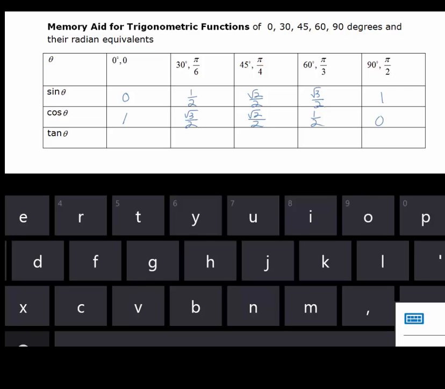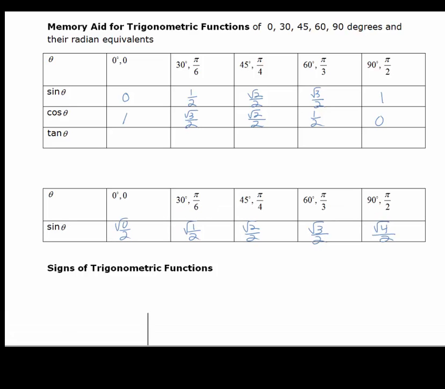Right? And double check and see that this makes sense. We've got the sine of 0 equals the cosine of 90. The sine of 30 equals the cosine of 60. Remember, those angles add up to 90. They are co-functions. And then we have the sine of 45 equals the cosine of 45.